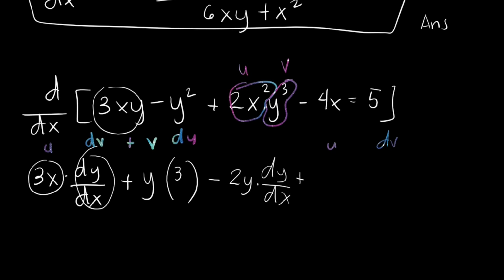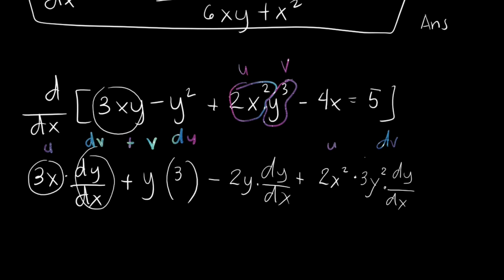Okay lang yan, kaya yan. So, si u mo ay si 2x squared. At ang si v mo ay si y cube. So, ang derivative ni y cube will be equal to 3y squared dy over dx. Times dy over dx. Okay?